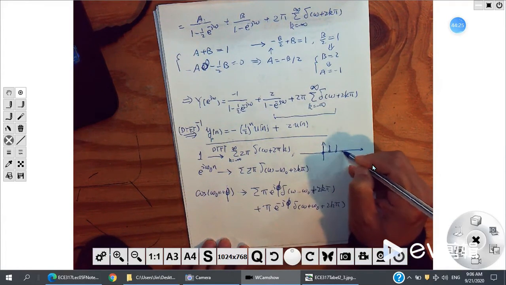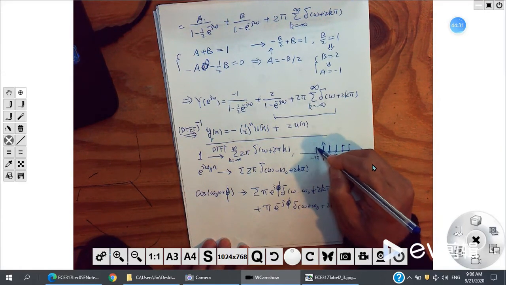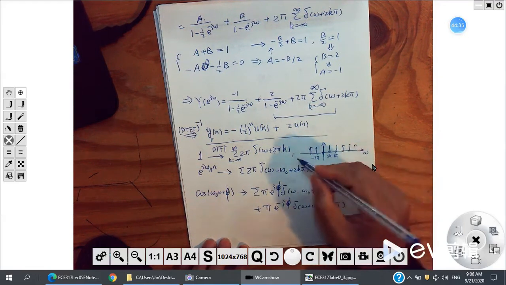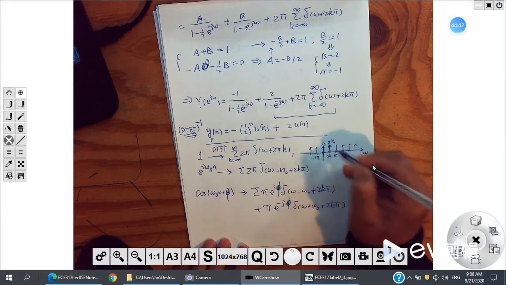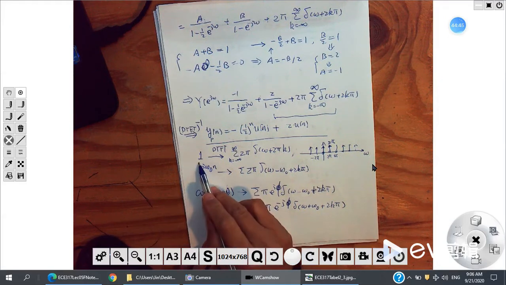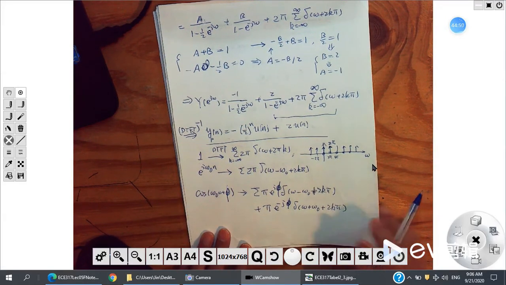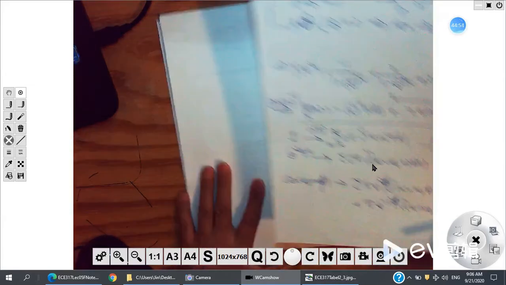Right, 2k pi, 2 pi, 4 pi, negative 2 pi, and so on. And here the parts is 2 pi times the unit parts. This is 1. This is similar to the unit step. Unit step, what is, here, what is 1? 1 is, yeah, I give a graph here.